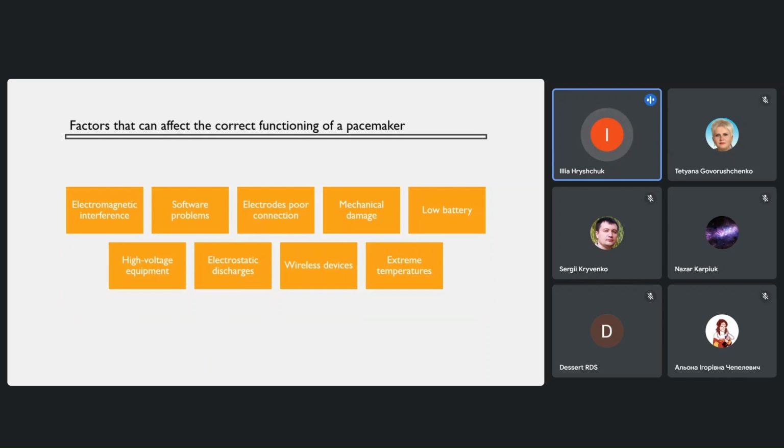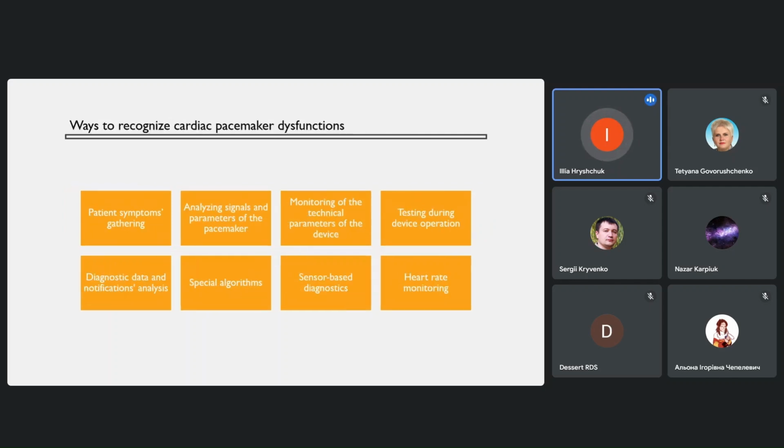Some of the reasons are demonstrated on this slide. You can see here electromagnetic interference, problems with the pacemaker software, incorrect or poor connection, mechanical damage, low battery, some high voltage equipment can also affect it, interference from other devices, and all these risks should be minimized.